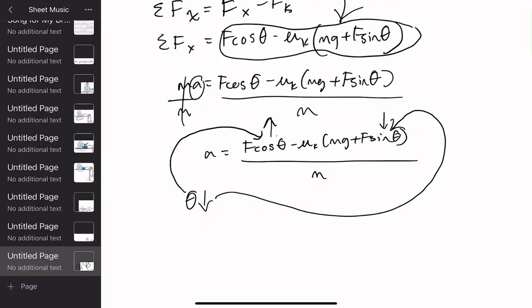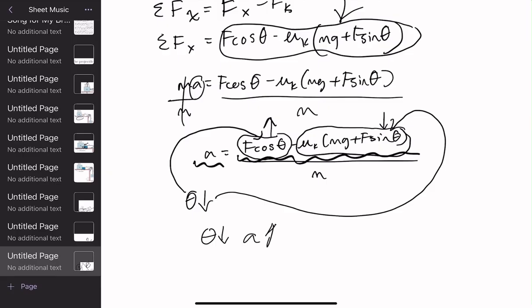Now this is significant because if this number is becoming larger and this number, which is being subtracted, becomes smaller, a bigger number subtracting a smaller number is going to result in a bigger number rather than a smaller number subtracting a bigger number. So that means that when theta decreases, if this numerator is overall becoming bigger, then acceleration will overall become bigger.